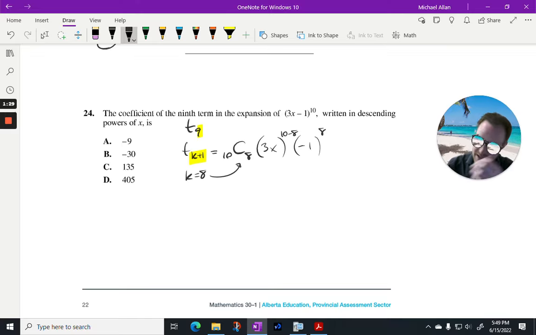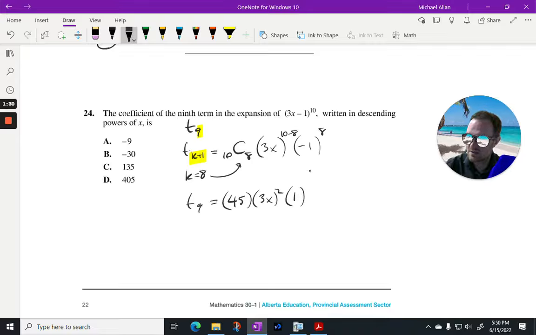Now these negative values here are to throw us off, because if you take a negative number raised to an even number, it should always be positive. So term 9 is going to be 10C8, 45, times 3x to the power 2. I didn't simplify that down yet. This is going to be just +1.